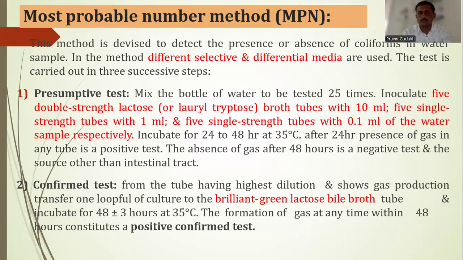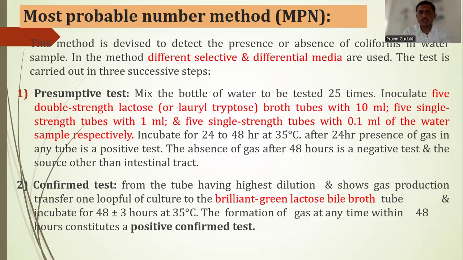After that, we have to inoculate 5 double strength lactose broth tubes, already prepared, or the other are single strength lactose broth tubes. In place of lactose broth, we can also use lauryl tryptose broth.